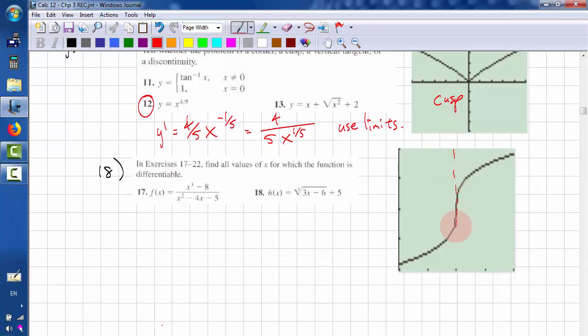Here, this looks like a vertical tangent. So let's rewrite h of x.